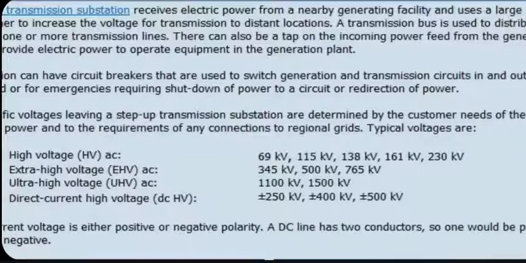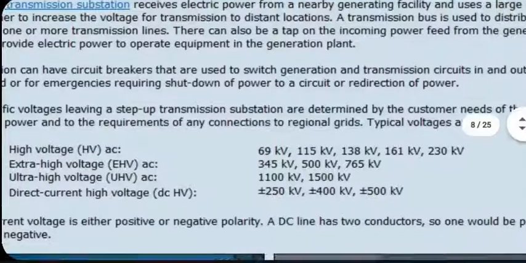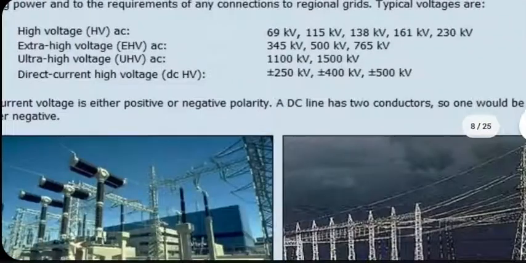So we generate AC, then rectify it and convert it into DC, send the DC over long transmission lines, and on the other side, we use inverters to get back to AC. That concept is being tried out in several countries, even in this country. The purpose is to reduce the transmission losses. Okay, so these numbers are good to take note of.